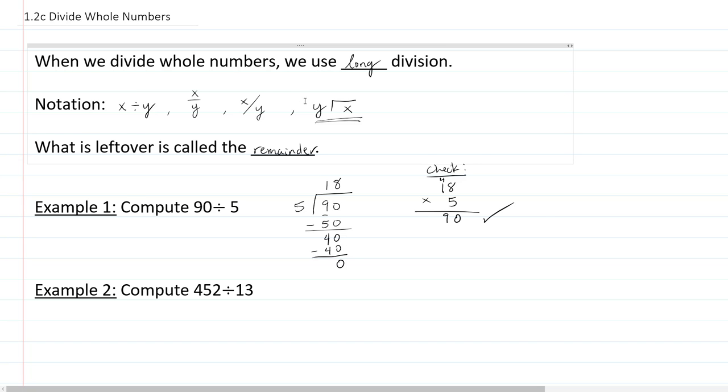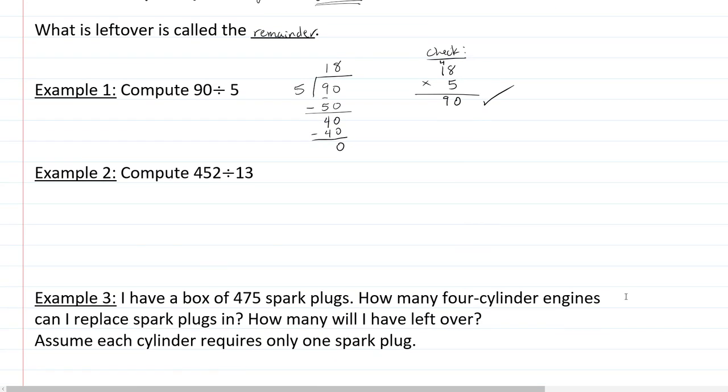Here's another example with a remainder. Compute 452 divided by 13. Again, let's write this out in long division notation. We have 13 on the outside and 452 on the inside. This time, instead of looking at just one number, since 13 has two digits, we have to look at the first two numbers.